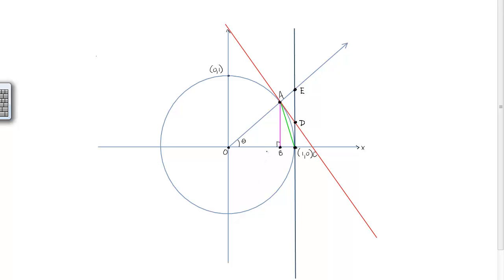Okay, so let's talk about some geometry, or trigonometry first. Recall from your good old trig class that on a unit circle, actually on any circle, if you're dealing in the world of radians, arc length is equal to the radius times the angle in radians. So I'm going to let this angle be in radians, and so I'm going to say that theta is equal to the arc length over the radius, but in this case the radius is 1.